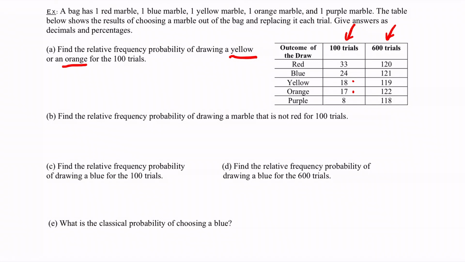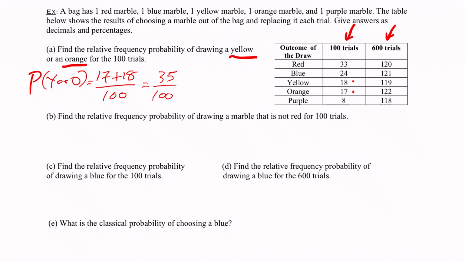So the total number of outcomes that were one or the other would be 17 plus 18 out of 100. So here we're looking at the probability that we get a yellow or an orange, and this would be 35 out of 100.